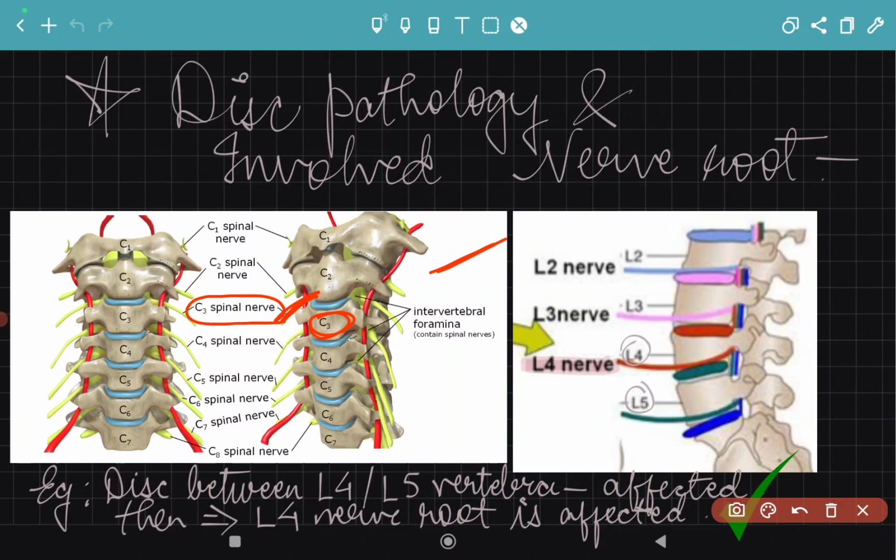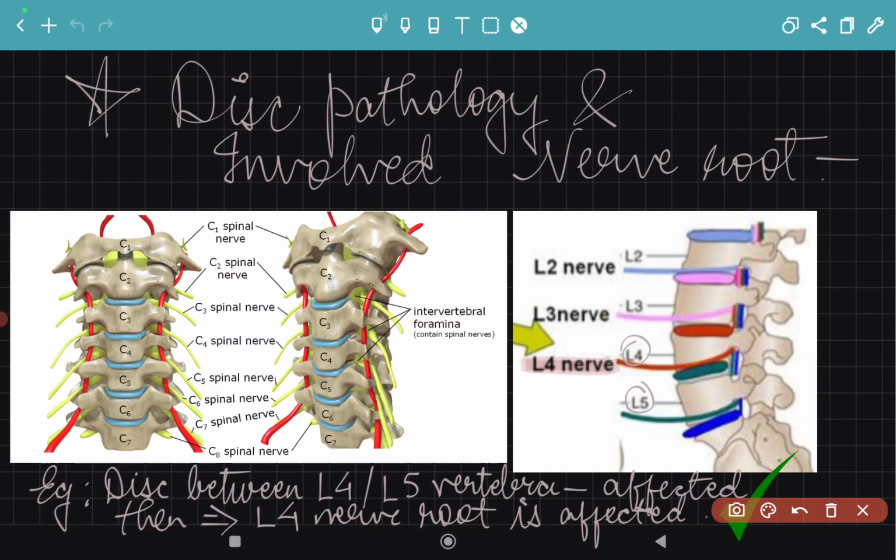If we consider the L2 vertebra as this over here, then we know that the L2 vertebra is here, but the L2 nerve is coming out below the L2 vertebra. So from this we will come to know between which vertebrae which nerve root is passing.